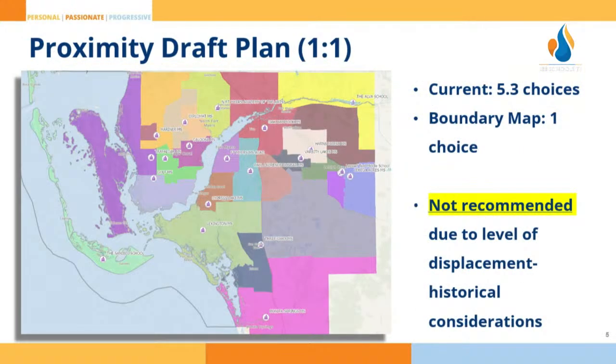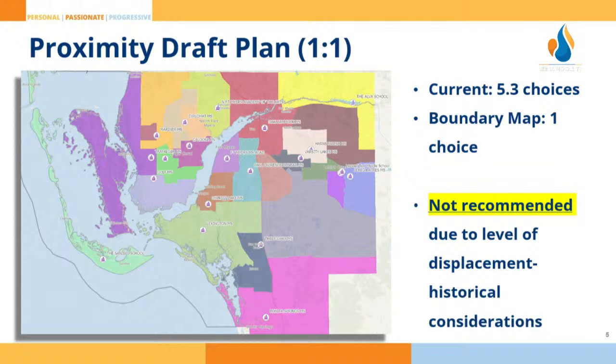The subsequent 2 slides detail the technical mapping undertaken to address efficiency concerns within our current system. Our team first developed a 1-to-1 boundary map, intending to reduce the number of choices for families from 5.3 to 1. However, it's crucial to note that this approach, while familiar to those outside of Lee County, is not recommended.